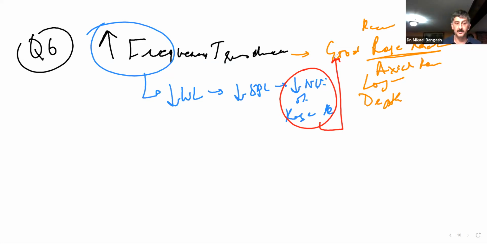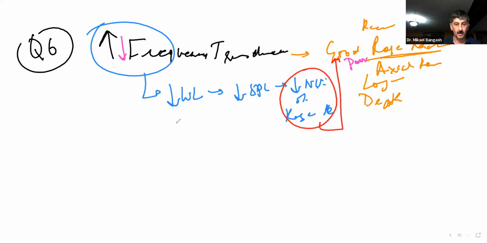So I just ask you to choose which kind of frequency you want. If they ask about a poor range resolution, then you should choose that a low frequency transducer will lead to a poor range resolution, or radial, or axial, or longitudinal, or depth.